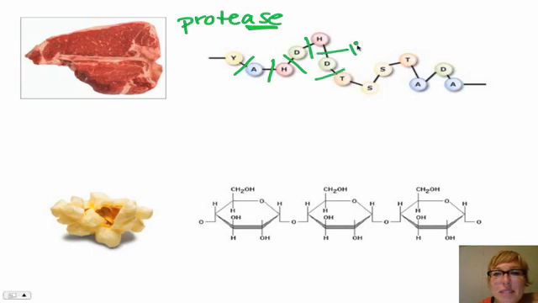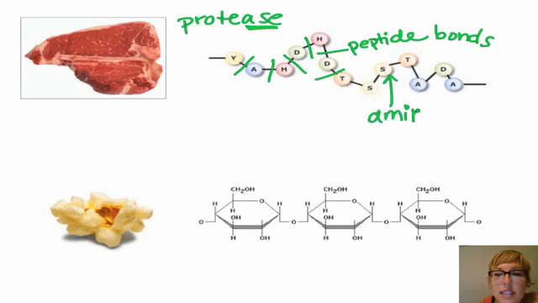These are called peptide bonds. And what are these called? These are our amino acids, right? Our building blocks of proteins. So protease is responsible for when we eat protein, it breaks those peptide bonds so that we have our amino acids, our little building blocks to build new proteins.